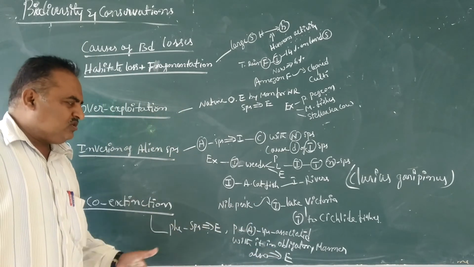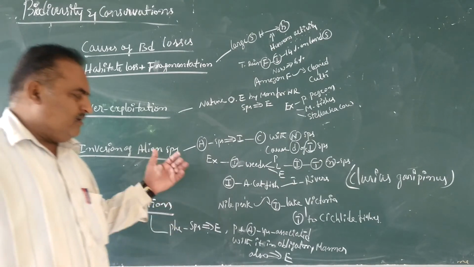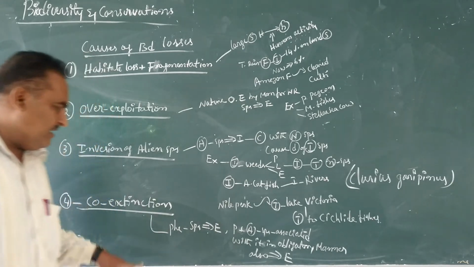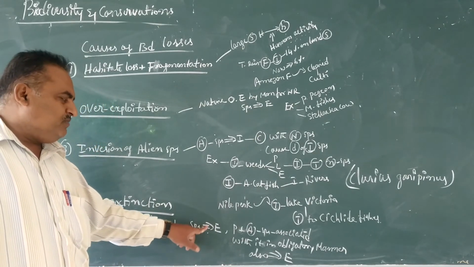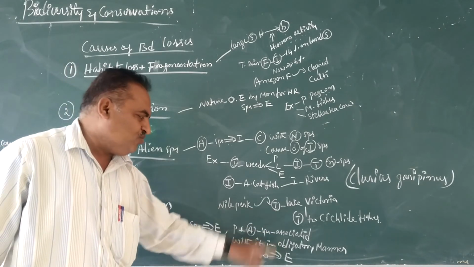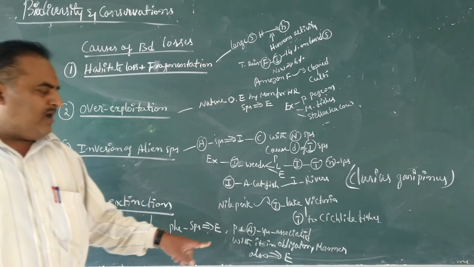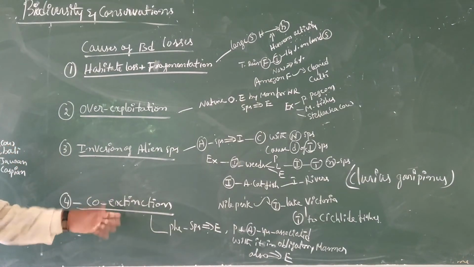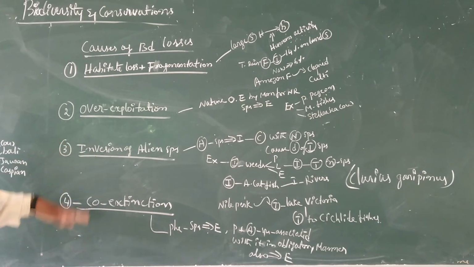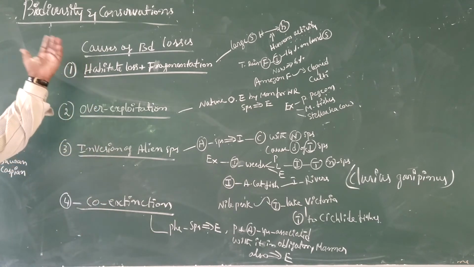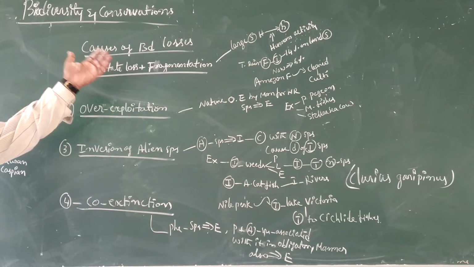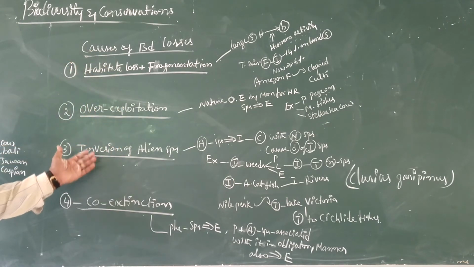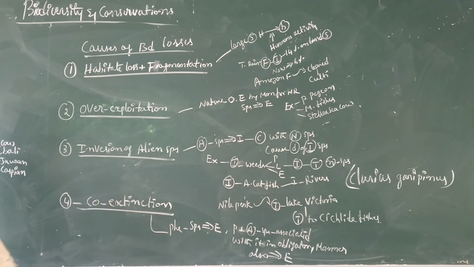It means when the host is extinct, the dependent parasites also become extinct. These are the major causes of biodiversity losses: habitat loss and fragmentation, over-exploitation, invasion of alien species, co-extinction.